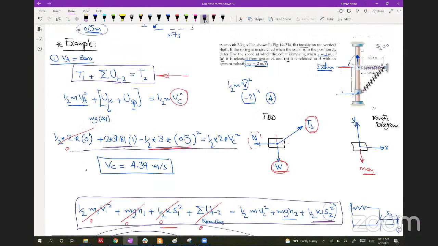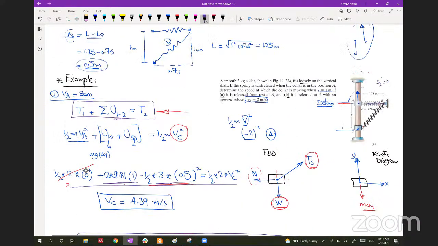If your spring has an S1 that is not equal to 0, like here's the unstretched length, and S1 has a value of 0.25, and then you stretch it more to 1.5, here you will have S1 and S2, and you will have to include both of them.